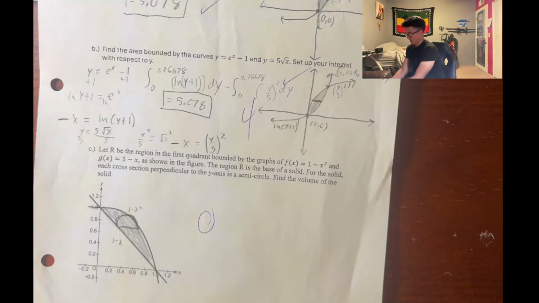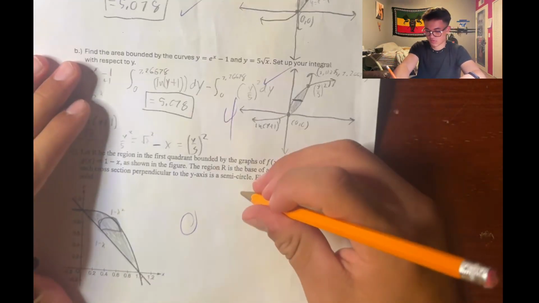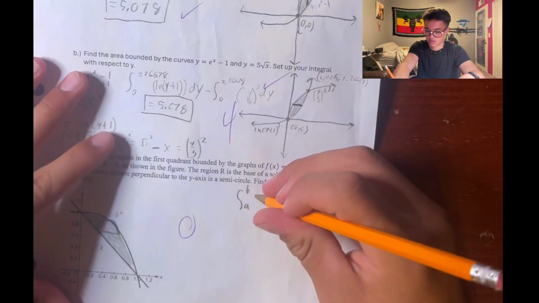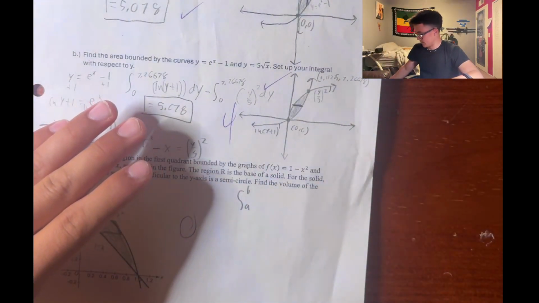Alright. And then we have to remember the formula, which is the integral from A to B of the area of the cross section.